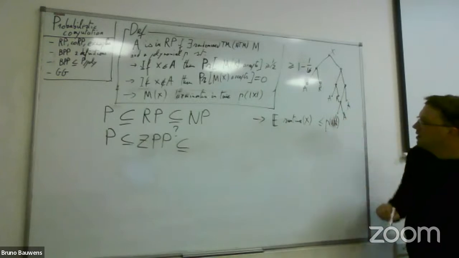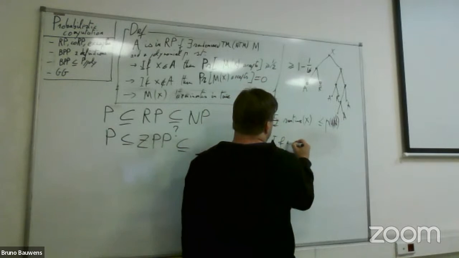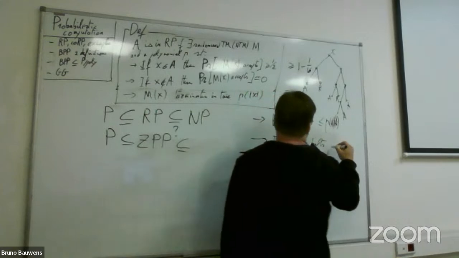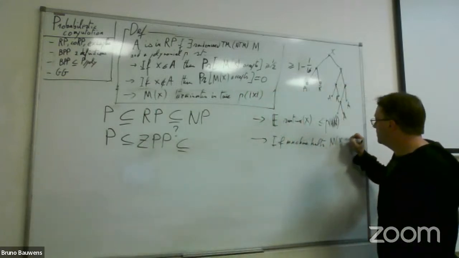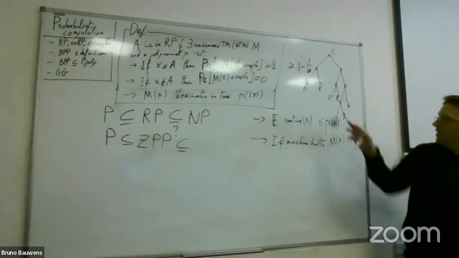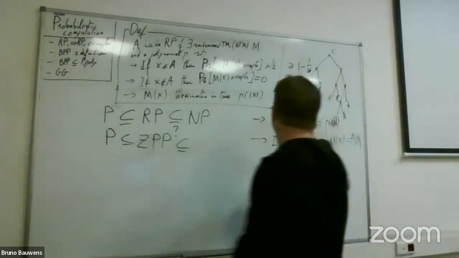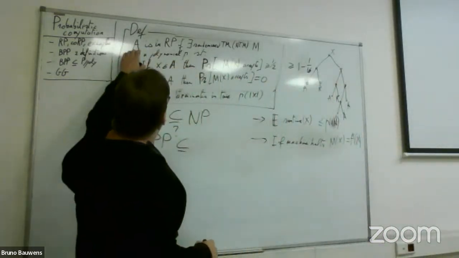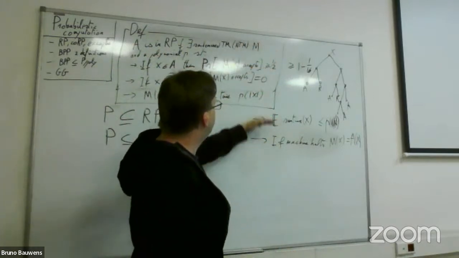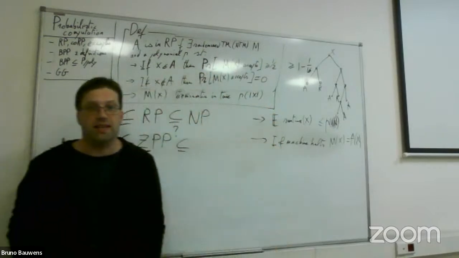Second, if the machine halts, the answer must always be right: M(x) equals A(x), the answer whether x belongs to A. So this is the class ZPP.